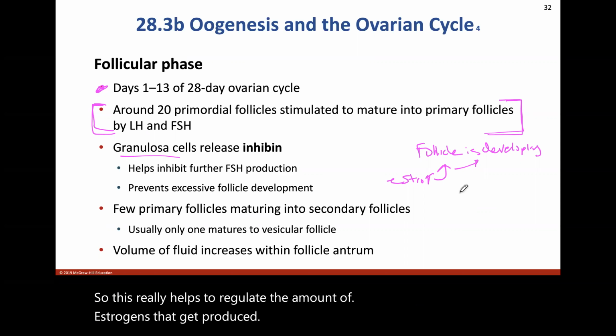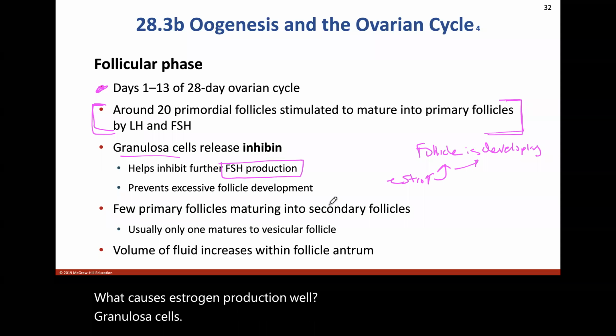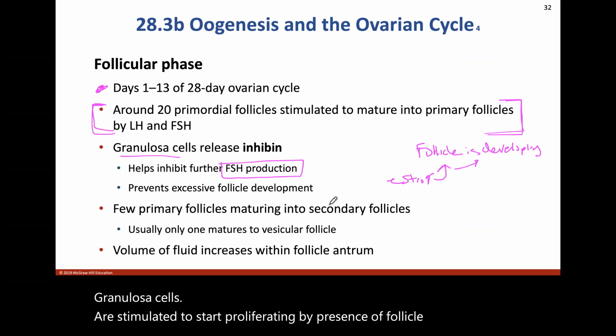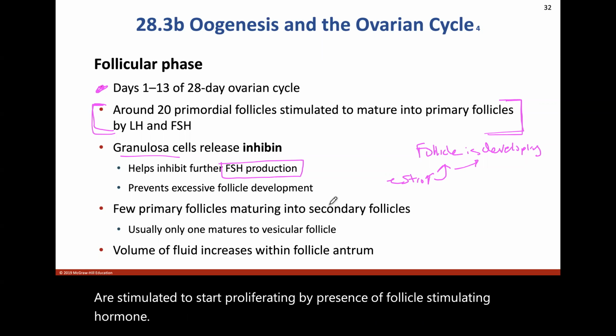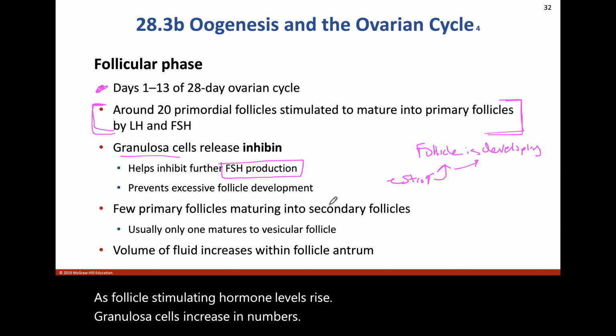What causes estrogen production? Well, granulosa cells are stimulated to start proliferating by the presence of follicle-stimulating hormone. As follicle-stimulating hormone levels rise, granulosa cells increase in numbers. As granulosa cells increase in numbers, estrogen levels rise.